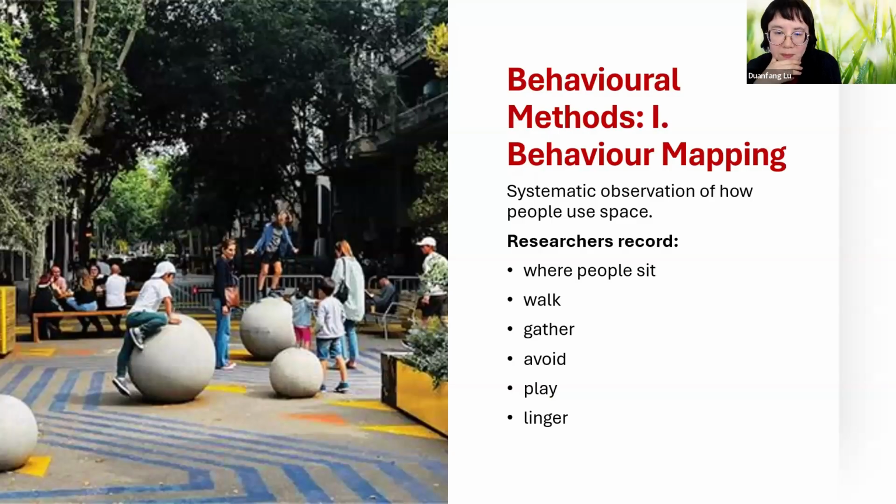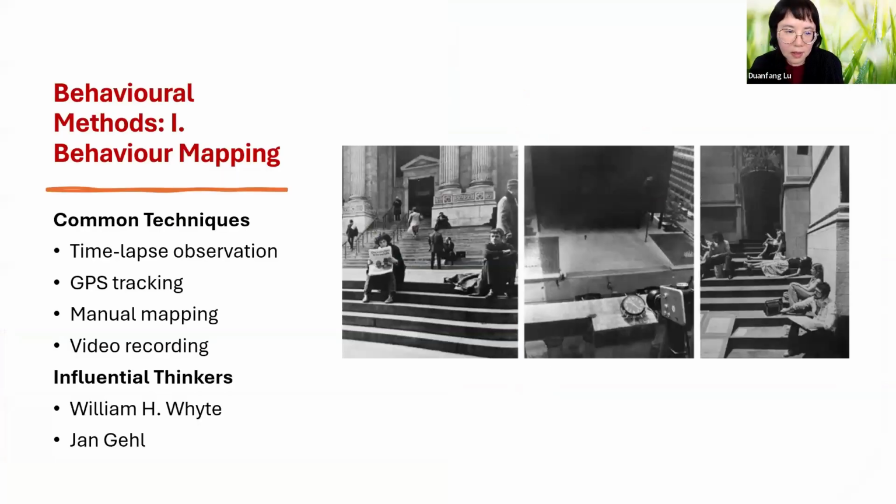And the next key method is the behavioral method. So it's also a very classical method in urban design research. So you map how people behave in space through systematic observation. And you might record where people sit, walk, gather, and play. So you can use different techniques to do that.